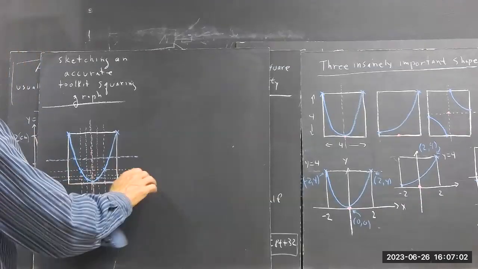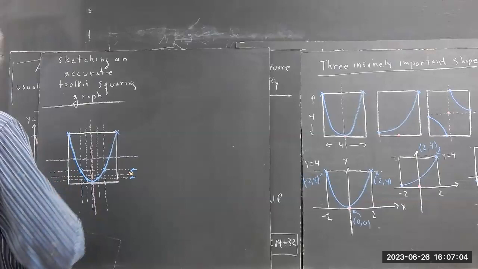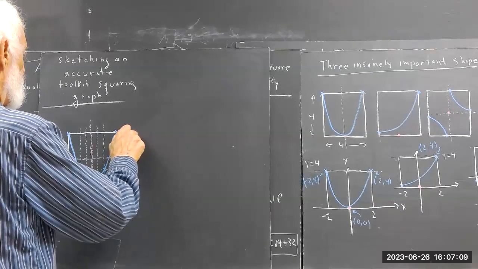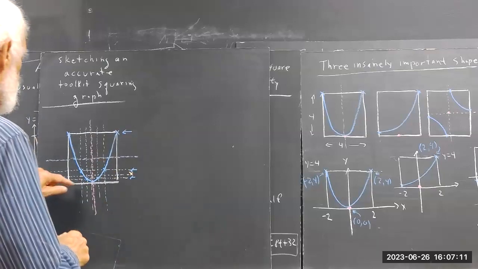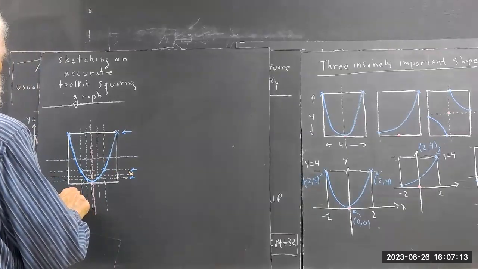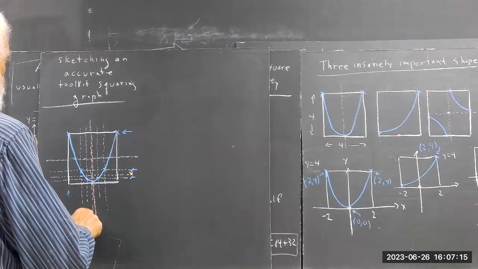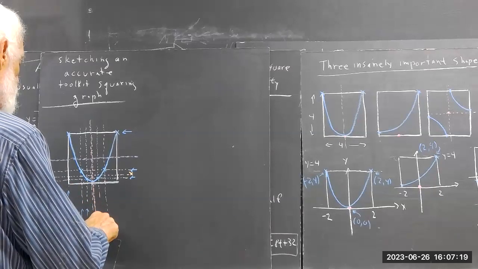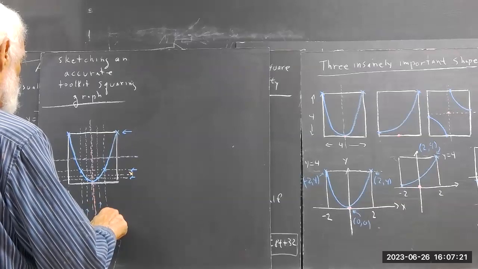So we're not using this line. Okay. And of course, we're using this line up here. And then we use every one of these lines. So we use this line, this line, this line, this line, this line, and this line.